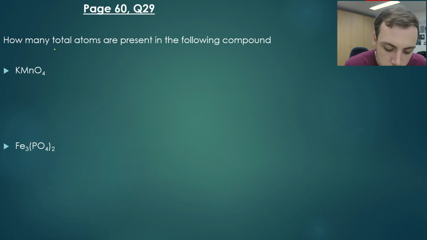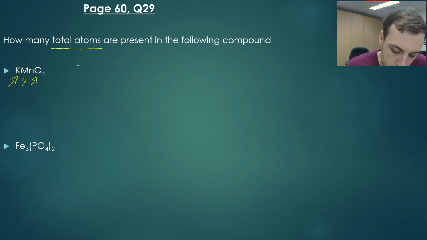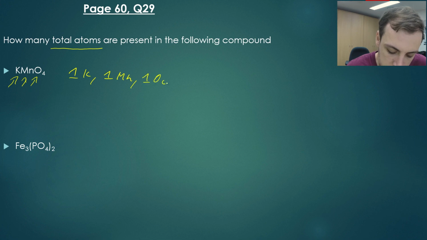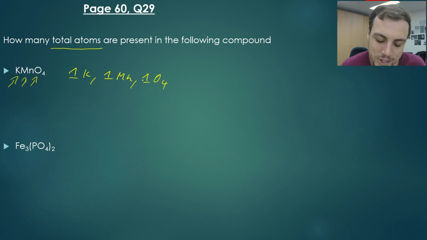Okay, let us move on now to question 29, page 60. How many total atoms are present in the following compounds? We can see here we have oxygen, we have manganese, and we have potassium. So we have 1 potassium, 1 manganese, and 1 group of oxygen.